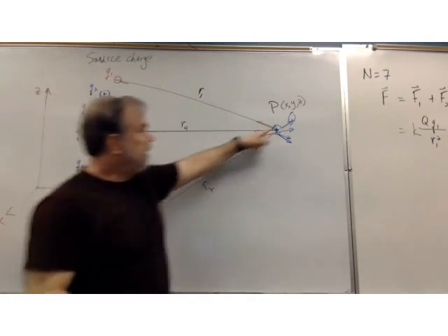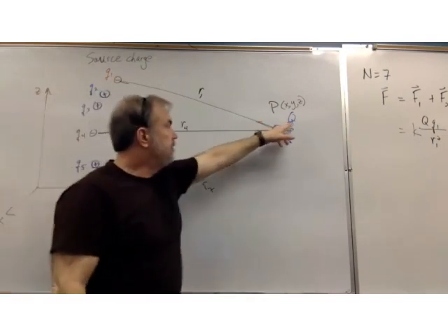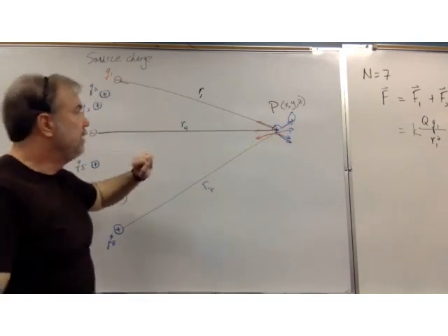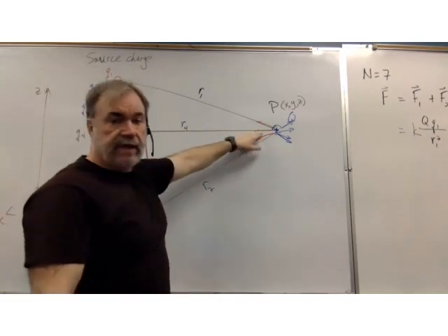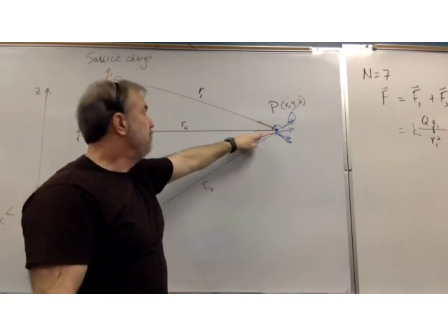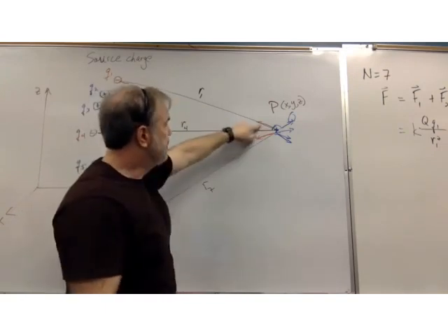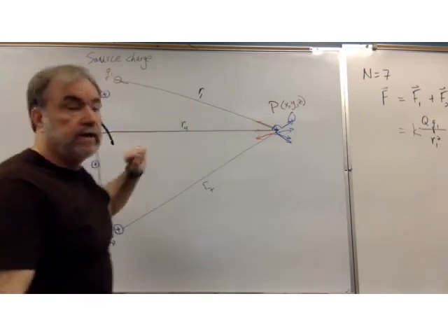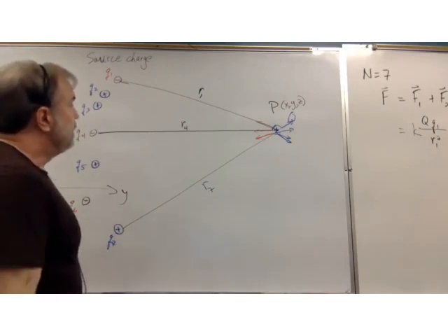You'll notice that this field vector points exactly parallel to R7. For R4, its electric field points directly parallel to R4. The electric field from Q1 points directly parallel to R1, and so on and so on. And so there we are.